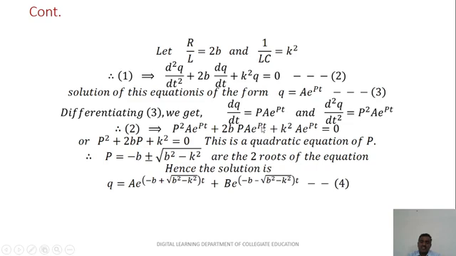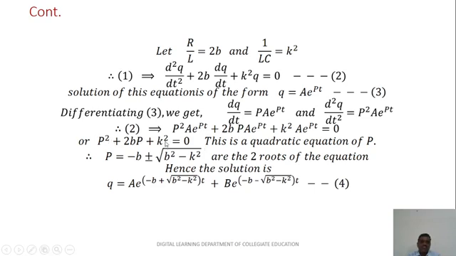Substitute dq by dt and d square q by dt square in equation number 2, and we get p square A e to the power of pt plus 2b p A e to the power of pt plus k square A e to the power of pt is equal to 0. Take A common, so the equation reduces to p square plus 2b p plus k square is equal to 0. This is a quadratic equation in p.